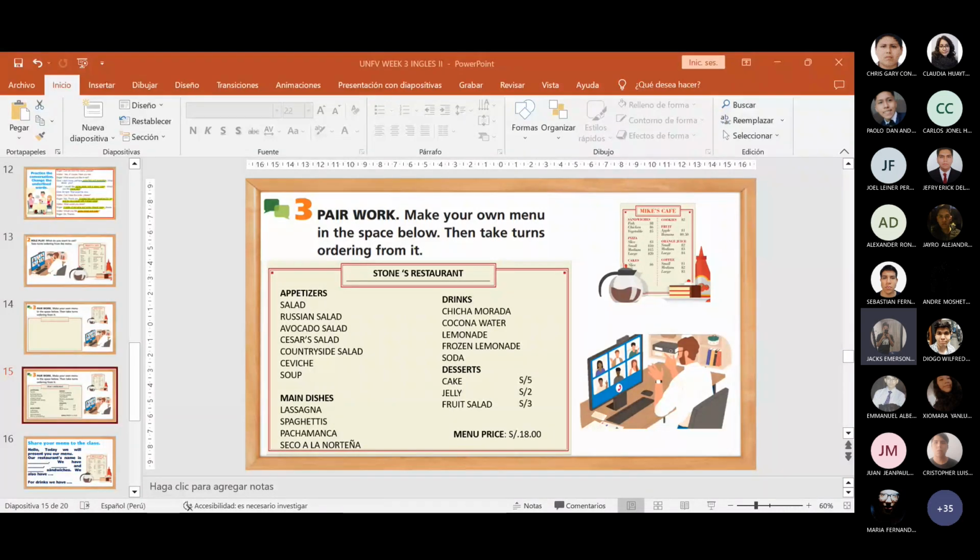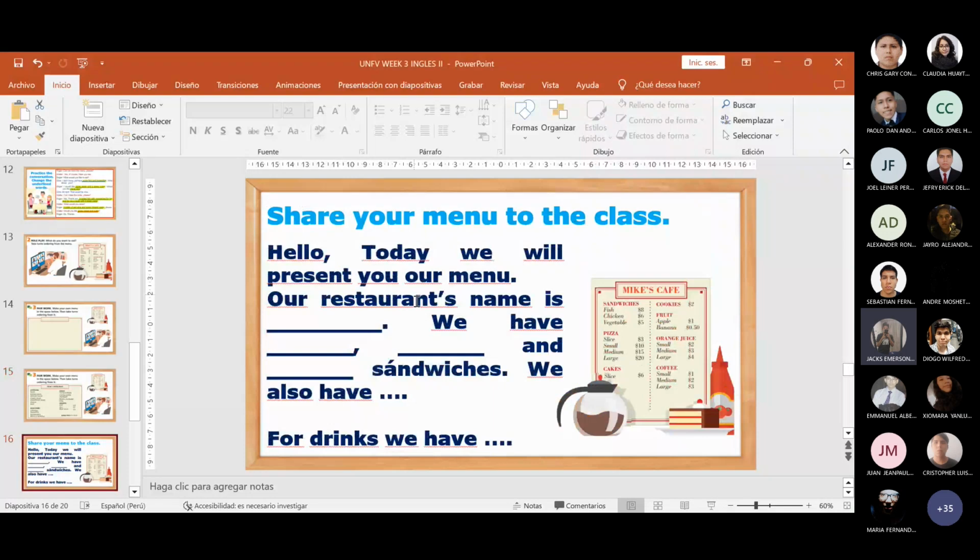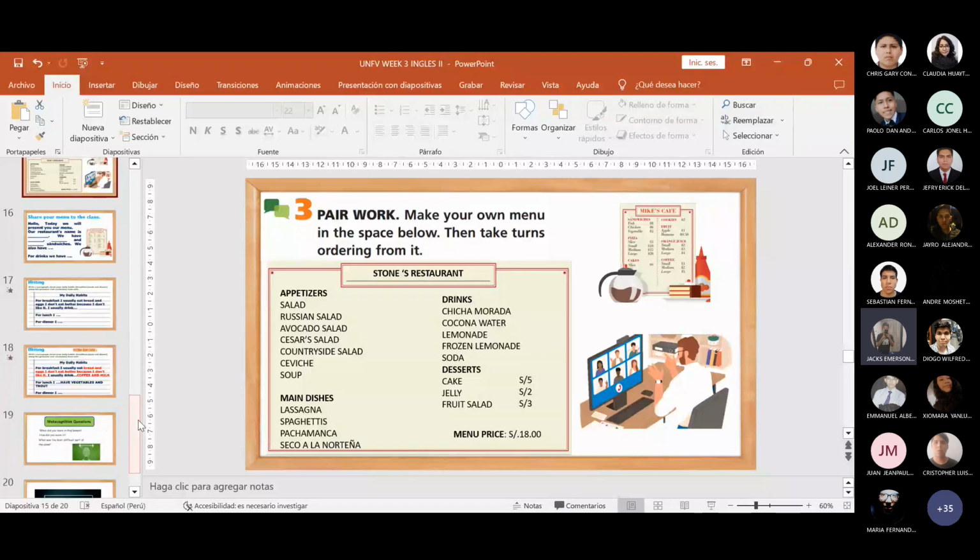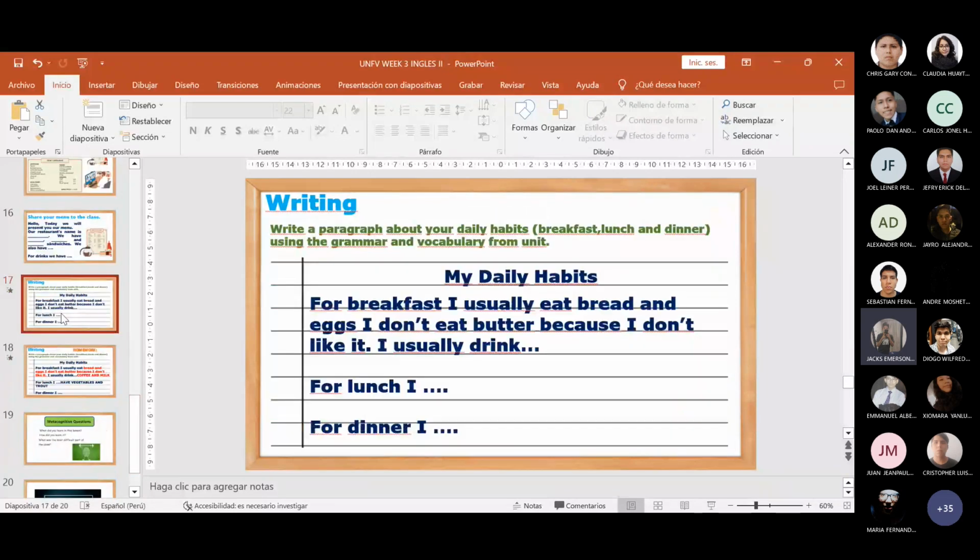Ya, ok, a ver. Una vez que tenemos ello, vamos a tener esta actividad: share your menu to the class. We have to present the menu that we create. And with this menu, I have the second writing. This writing is about to write a paragraph about your daily habits, breakfast, lunch, dinner, using the grammar and vocabulary from the unit.